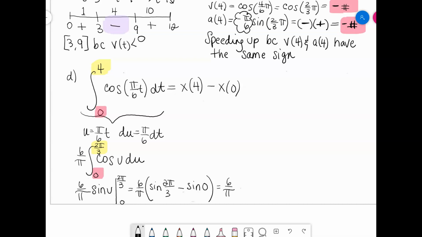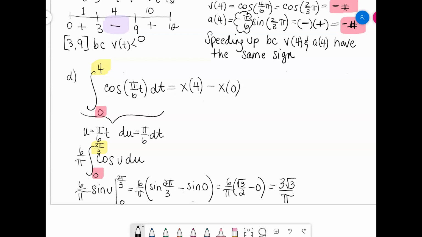So it's 6 over pi times rad 3 over 2 minus sine at 0. Now, what is sine at 0? Sine at 0 is 0. So this comes out to be 3 rad 3 over pi. So that is what the integral came out to be.